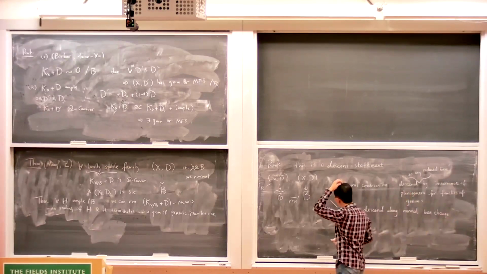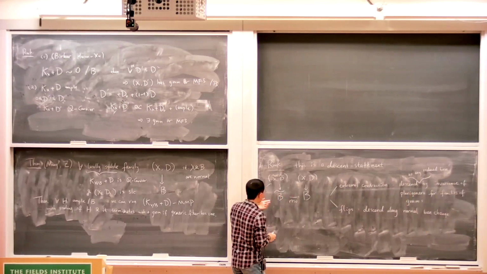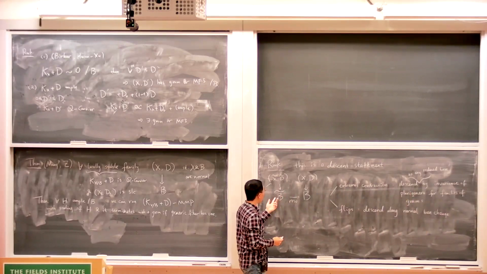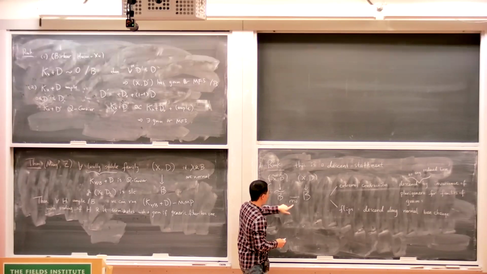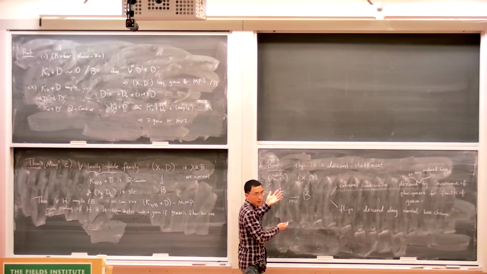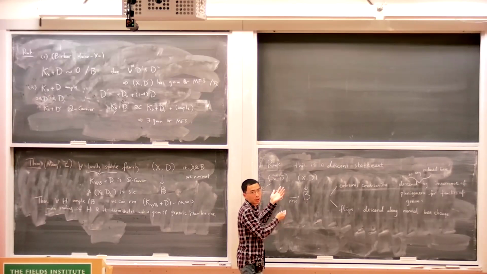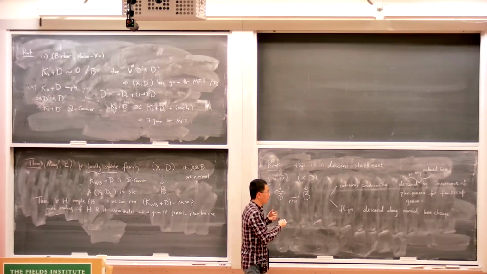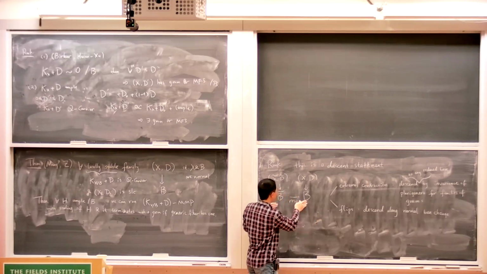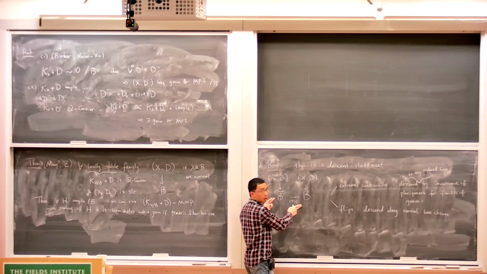Basically the reason is that if you try to do a flip here, so if you consider a point over B and look at the fibers, then they are basically flips of the same stable pair. But in some sense, there are only finitely many models that you can obtain by taking this flip. But if B is normal, then the exceptional locus is connected.